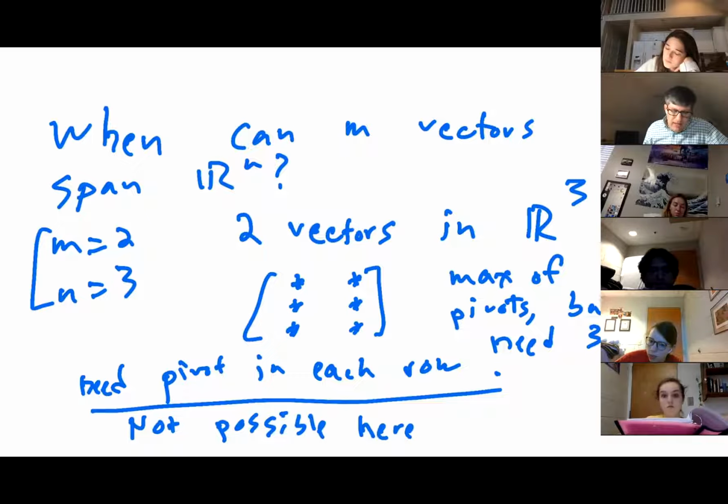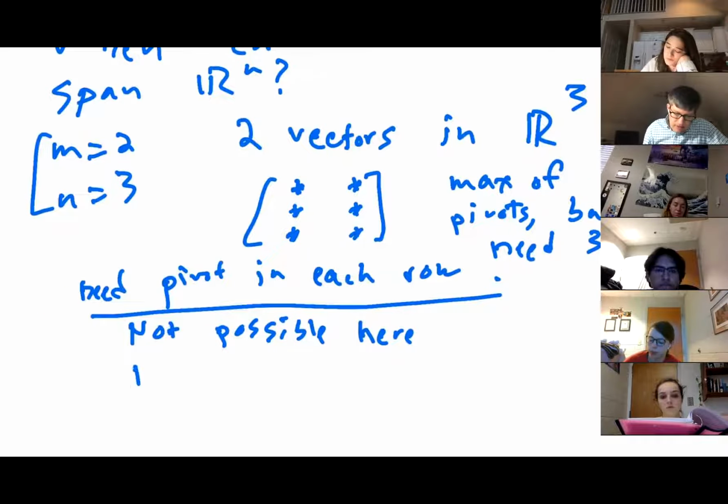Right. So in this case, M was less than N. If M is less than N, it doesn't look like it's possible at all. So I might say something like, if M is less than N, cannot span.